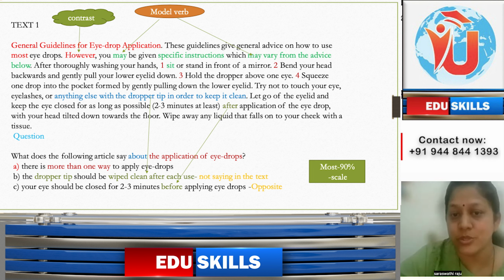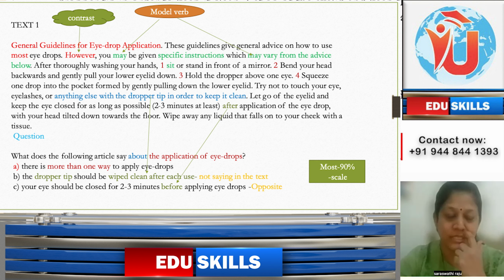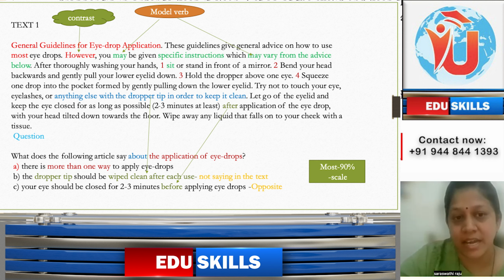Try not to touch your eye, eyelashes, or anything else with the dropper tip in order to keep it clean. Let go of the eyelid and keep the eye closed for as long as possible, 2 to 3 minutes at least. So option C is coming here, right? 2 to 3 minutes at least.